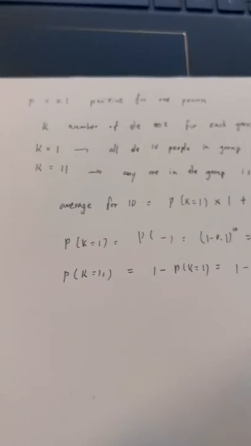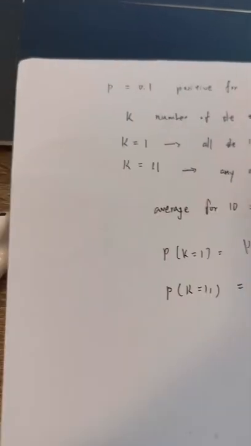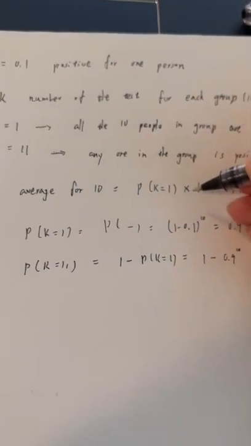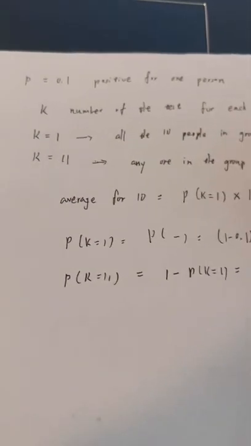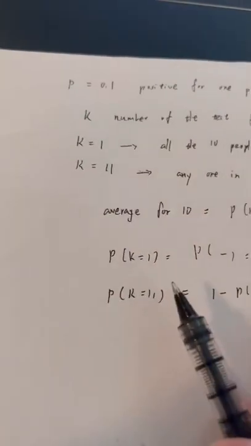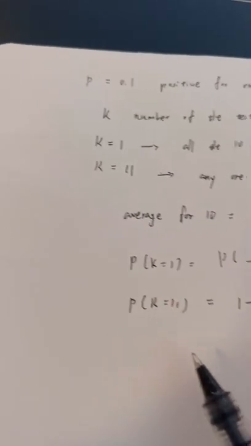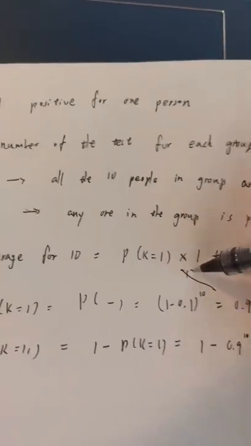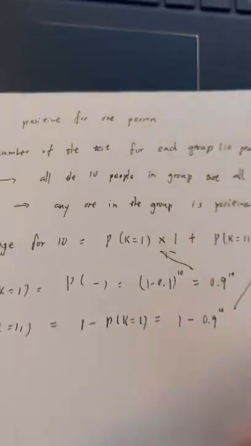So we can now calculate the average for a group, because we just substitute P(K equals 1) and P(K equals 11) into it. I will rewrite it here.